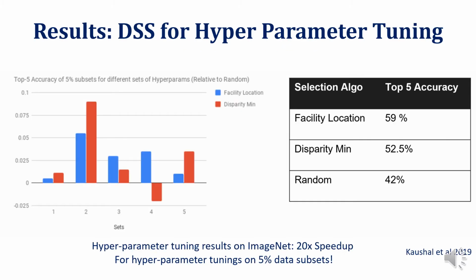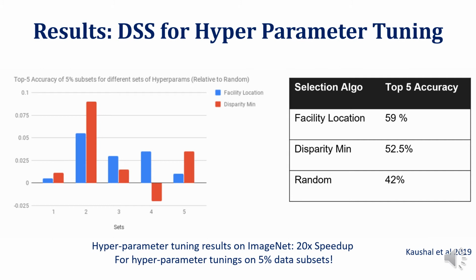So how about data subset selection for hyperparameter tuning in settings outside Glister? There are very interesting observations. You're able to select typically 5 to 10% of the entire data, and therefore it's much easier to tune the hyperparameters on the subset.